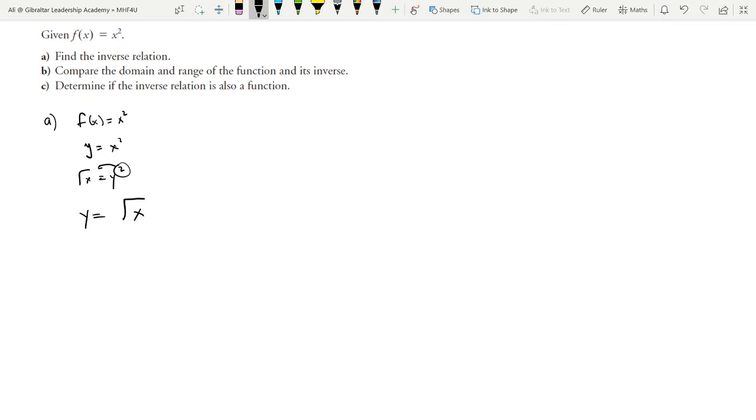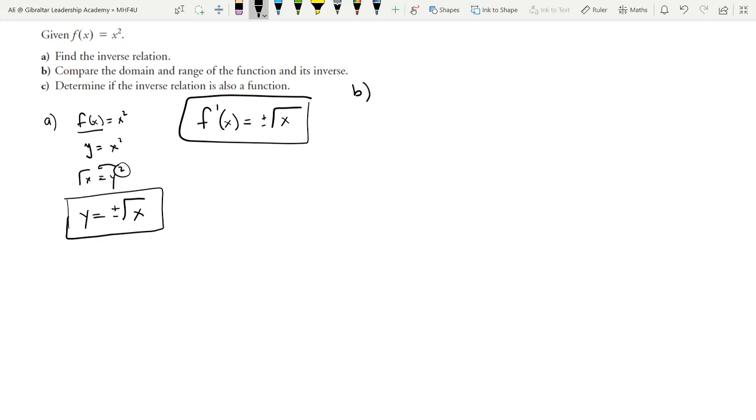Remembering anytime you take the square root, we need to have positive and negative in front of it. So y equals plus or minus root x would be the inverse relation. And to write it in function notation, if f of x is x squared, the inverse is written as f inverse of x is equal to plus or minus root x.